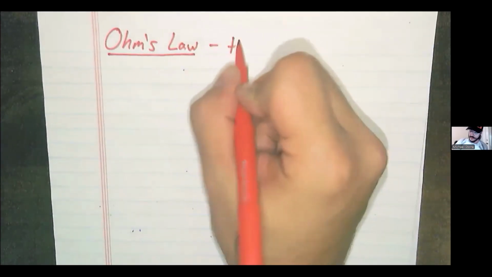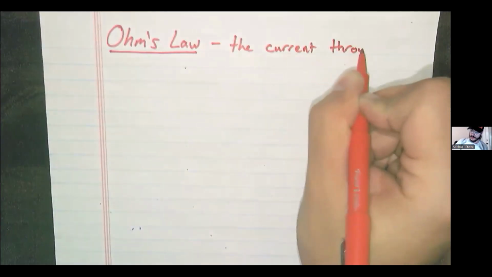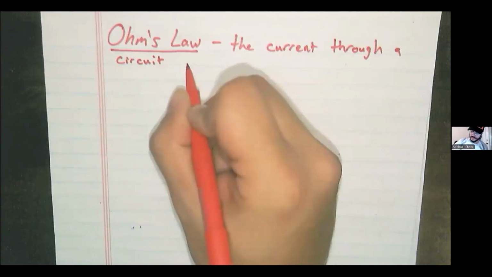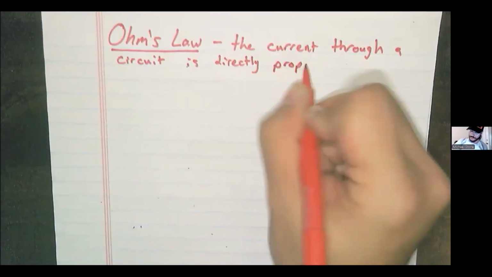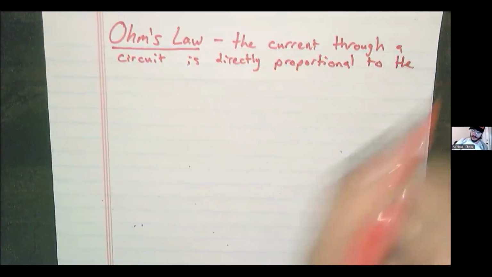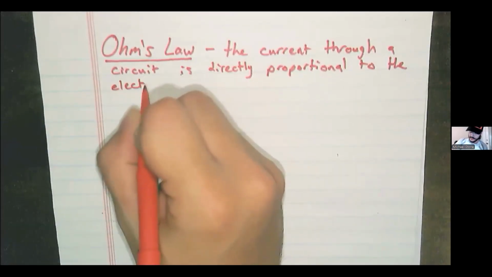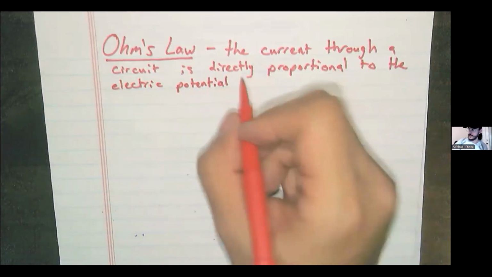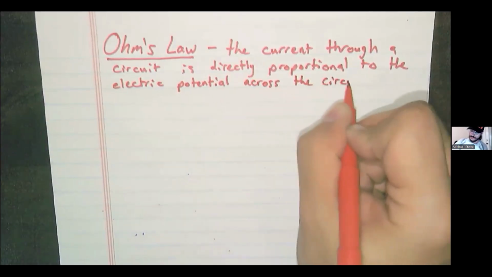So Ohm's law is that the current through a circuit is directly proportional to the, again, he wrote it as electromotive force, but the electric potential, and if you want to switch it up again, you could just write voltage across the circuit.